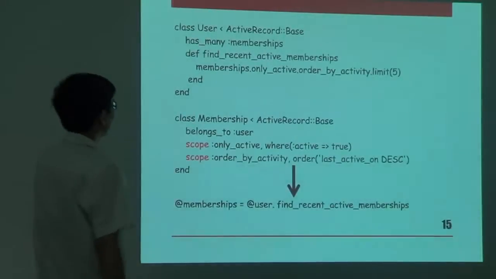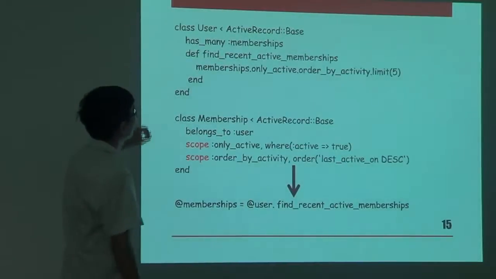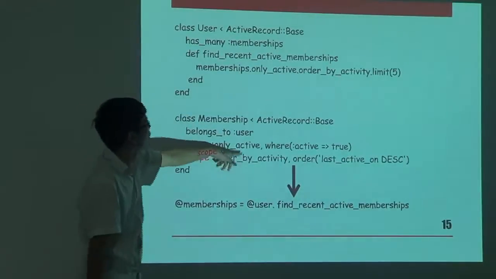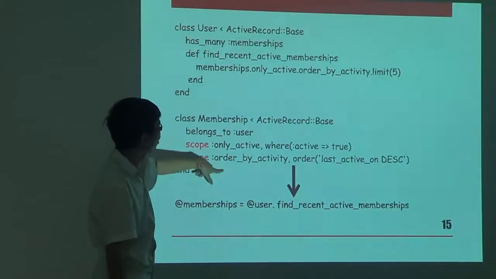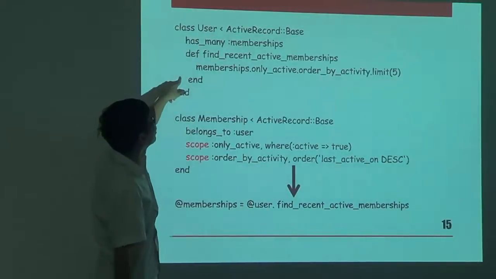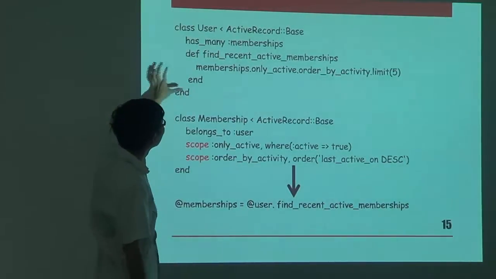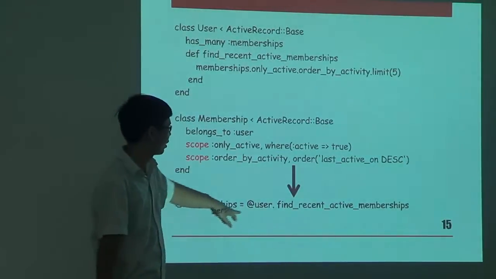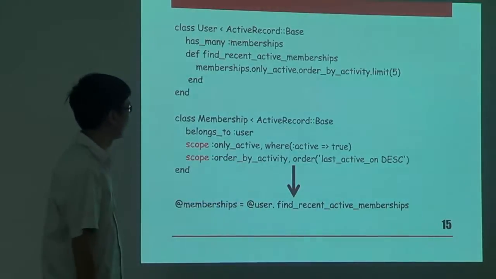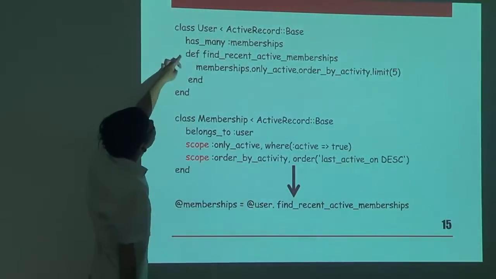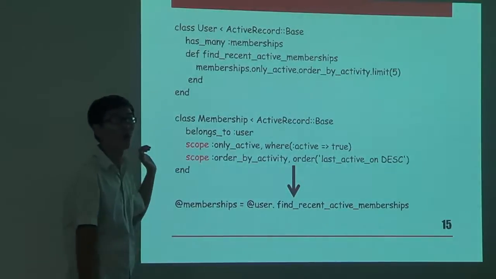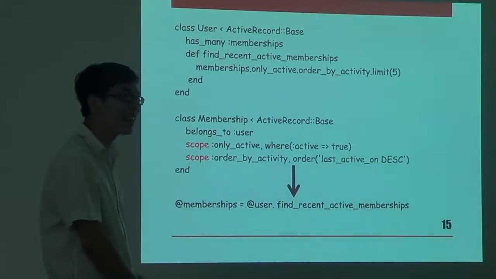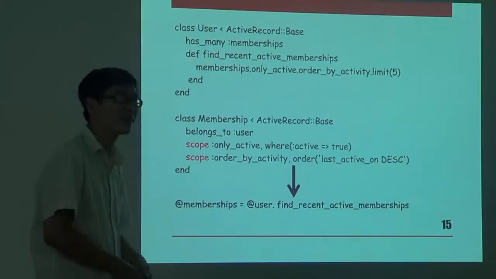So when we define named scopes like this, in the user controller we just call something like membership only active order activities and limit five, with a neater statement, and in the controller we just call memberships for the user's active memberships, in a function defined here in the model. Yeah, this is much easier to understand and much easier to maintain the code.